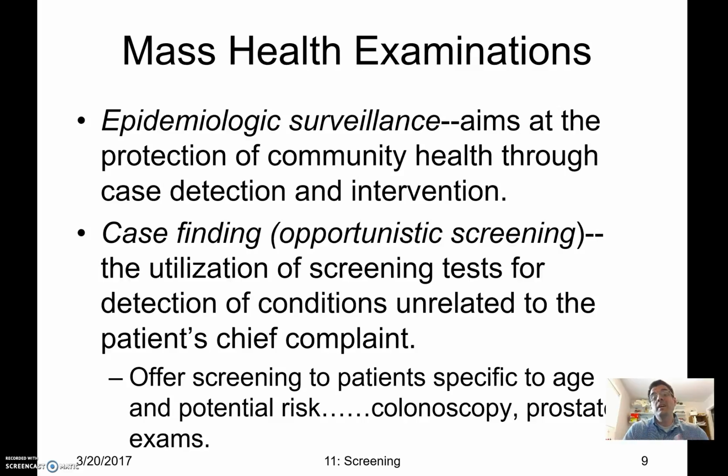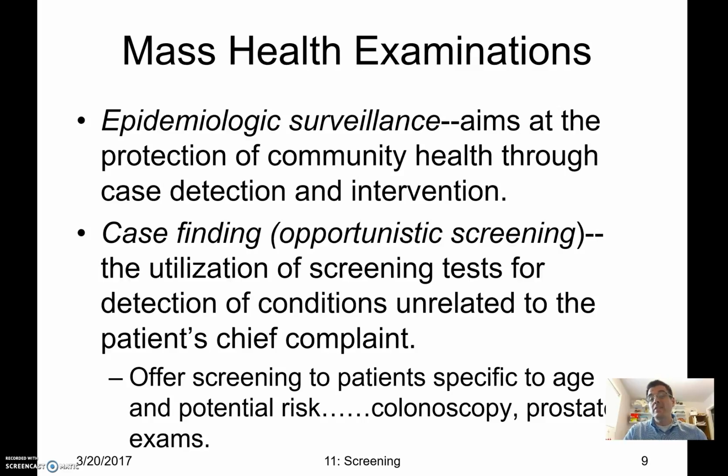That's the ultimate goal with surveillance using screening tools: you're trying to determine what is the basic health of a population, can we identify new cases, and is there intervention that could be implemented. As well, the goal of these types of mass health examinations is to identify new cases through opportunistic screening, the utilization of screening tests for detection of conditions unrelated to a patient's chief complaint.